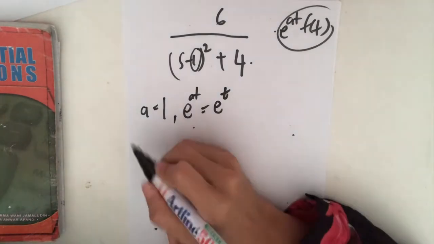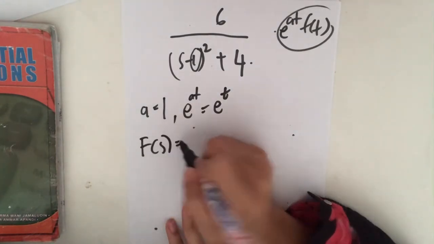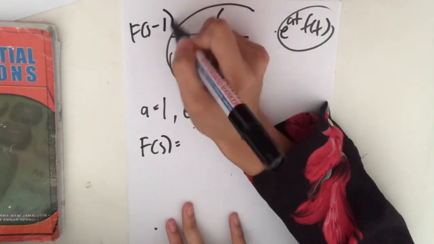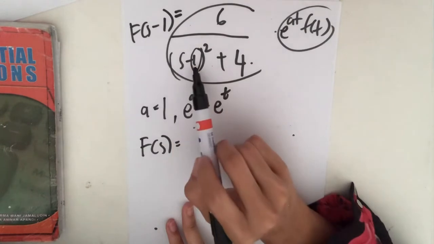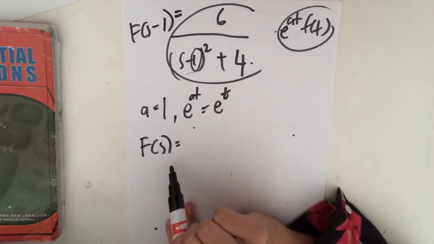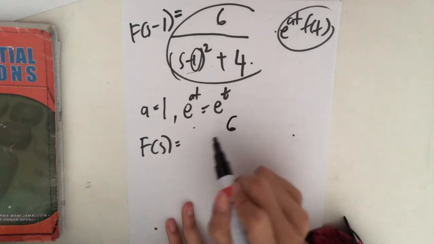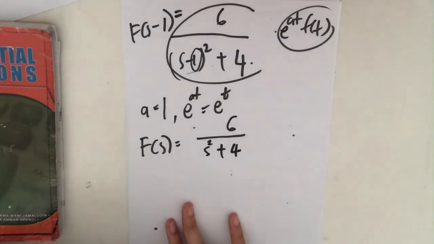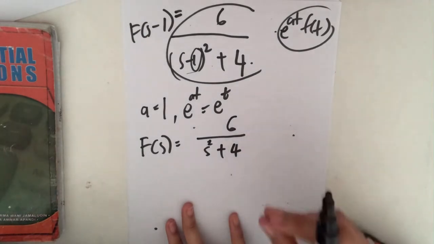Settled. Now, what is your F(s)? The question given here is F(s minus 1), so we want to find F(s) first. What is your F(s)? It is 6 over s squared plus 4. And now you can use the table to get the answer.